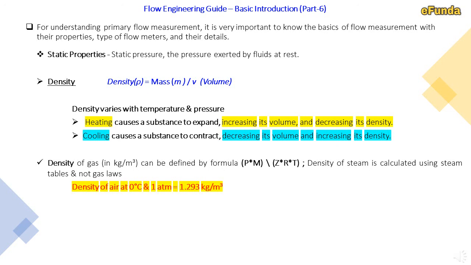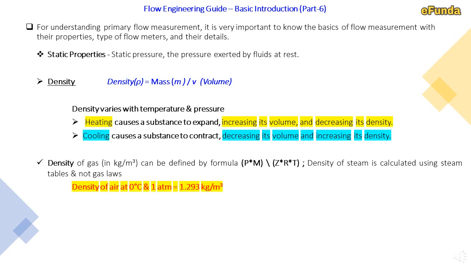Heating causes a substance to expand, that means increasing its volume and decreasing its density. Cooling causes a substance to contract, that is decreasing its volume and increasing its density.